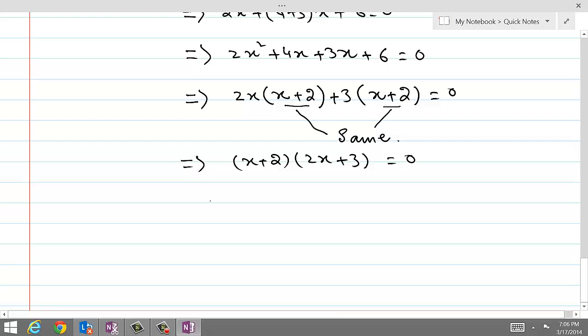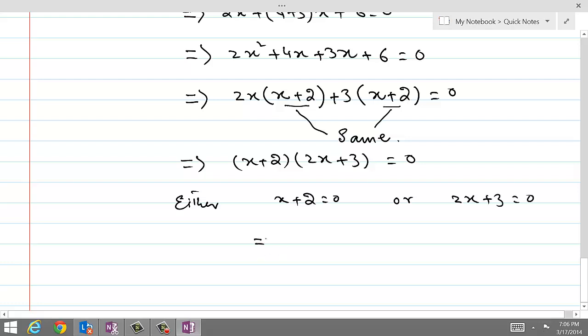So their product is equal to 0. It means either x plus 2 equal to 0, the first factor is 0, or the second factor 2x plus 3 is equal to 0.